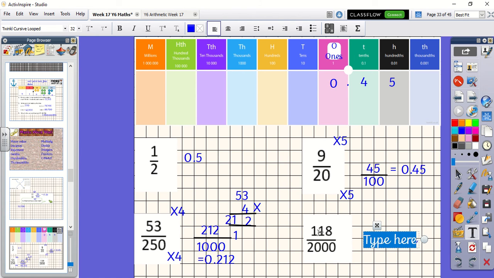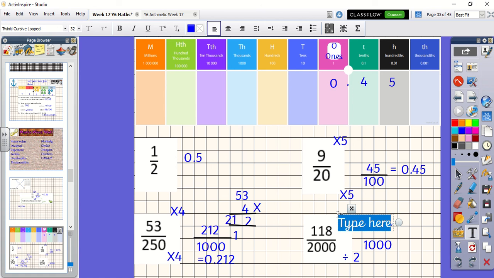Now we've got 2,000 here, but I can't really go any higher. So I'm going to do some dividing this time, and I'm going to divide 2,000 by 2, and that will give me 1,000. So I'm going to have my denominator as 1,000, and I have divided by 2 to get that.